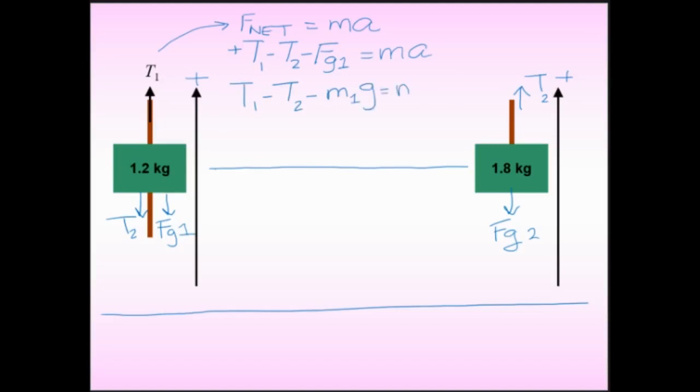M1g equals M1a. Can someone tell me how many unknowns we have in this equation? How many things you don't know? We don't know T1, we don't know T2.